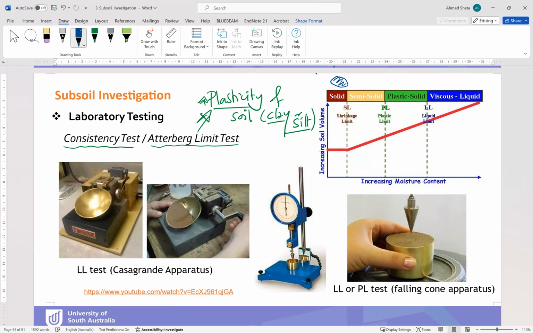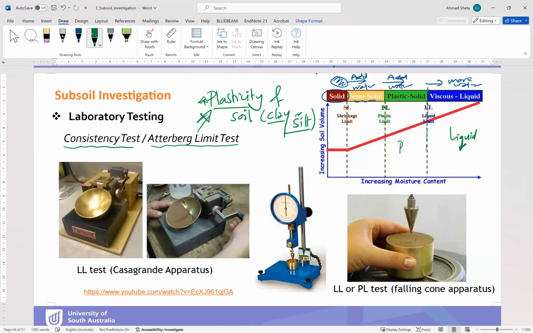When you add water, it becomes semi-solid, and then adding more water, it becomes plastic, and then adding more water, it becomes liquid.